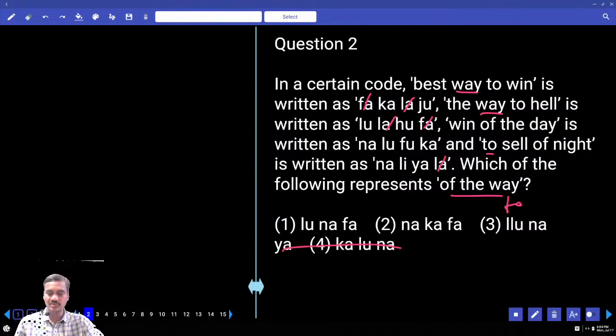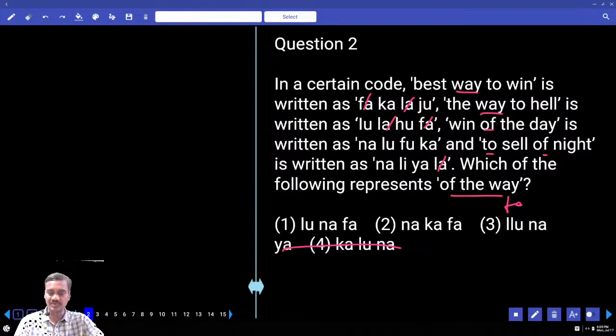Then between these two, we need to find of and the. Then what is the code for of and the? Now of is common between the third and the fourth. And which is common between these two, third and the fourth? NA is common.